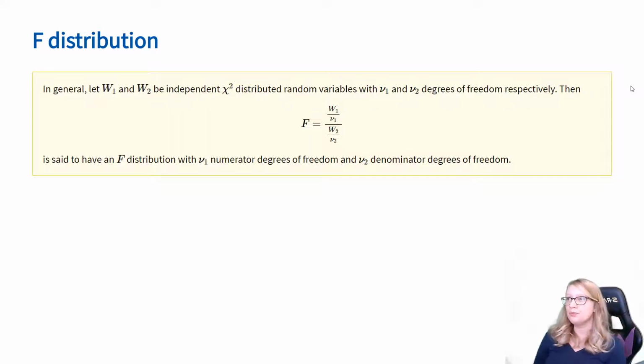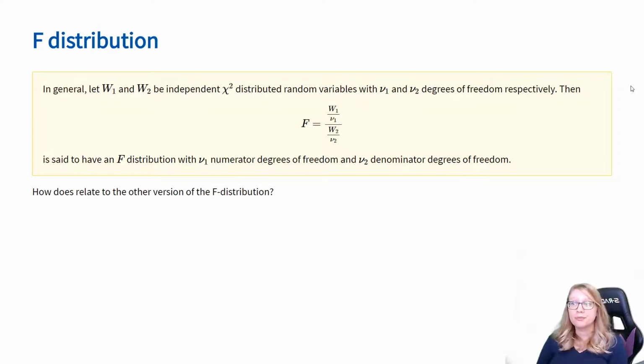So in general, let's let W1 and W2 be independent chi-square distributions with nu1 and nu2 degrees of freedom. Then, formally speaking, we'll define the F distribution by taking the ratio of these chi-squares over their degrees of freedom. So the F distribution is defined as W1 over nu1 divided by W2 over nu2.